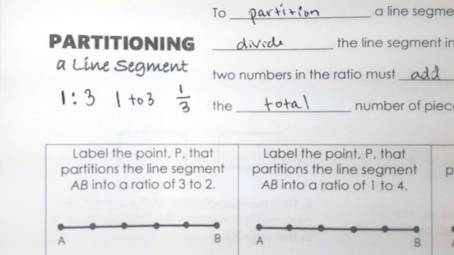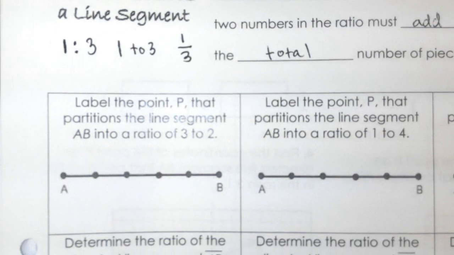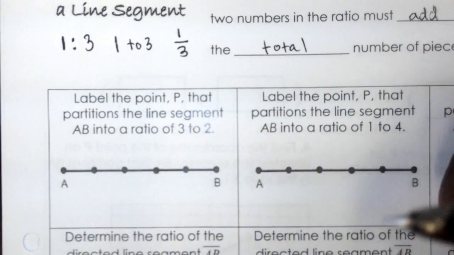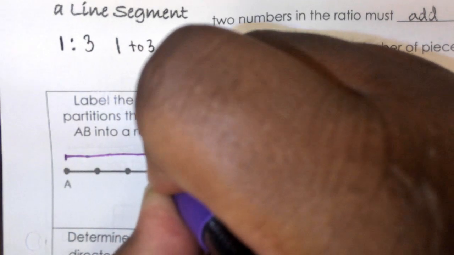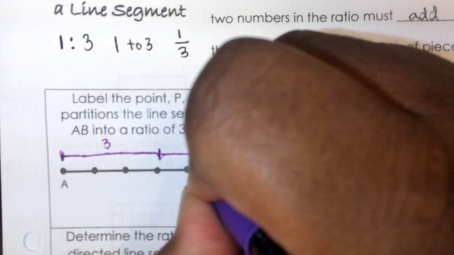Down here on these little number lines, it says label the point P that partitions the line segment AB onto the ratio of 3 to 2. So all you're doing is splitting this line AB into a 3 to 2 ratio. So going from A, we're splitting 3 to 2.